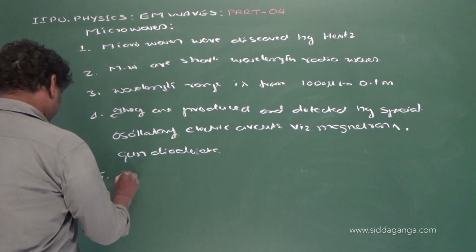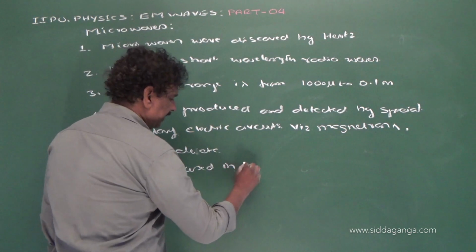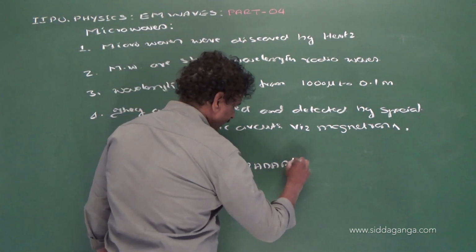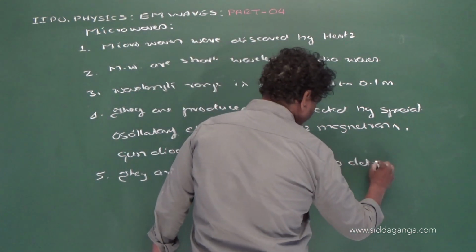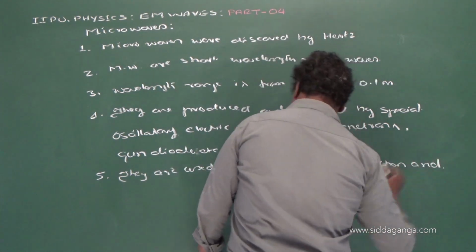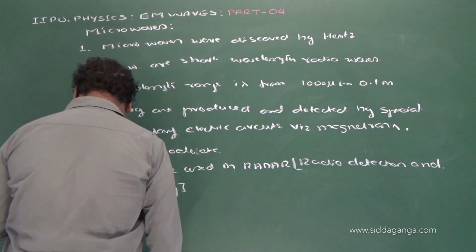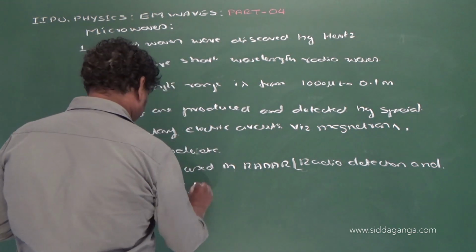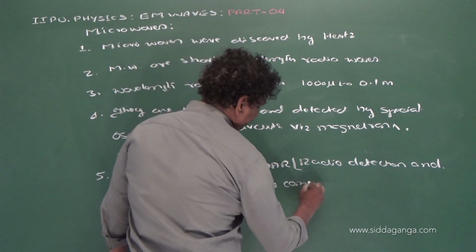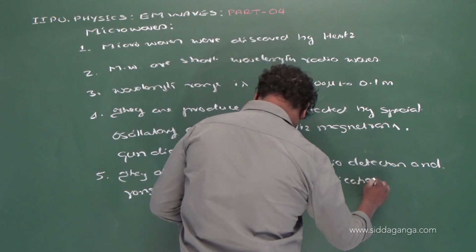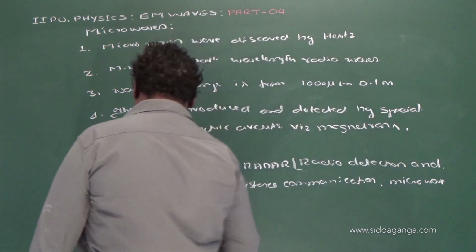Now the fifth one, right? They are used in radars, radio detection and ranging, the expansion of radar, long distance communication, microwave ovens.